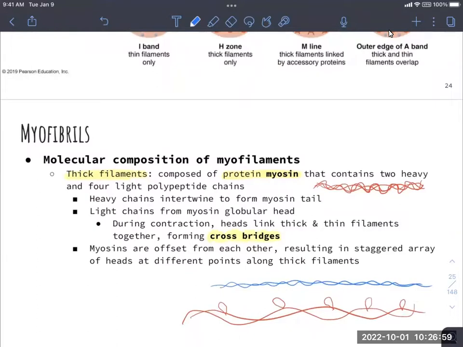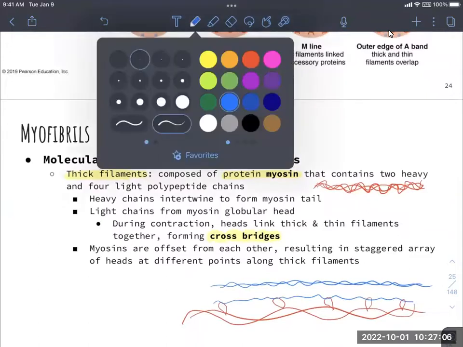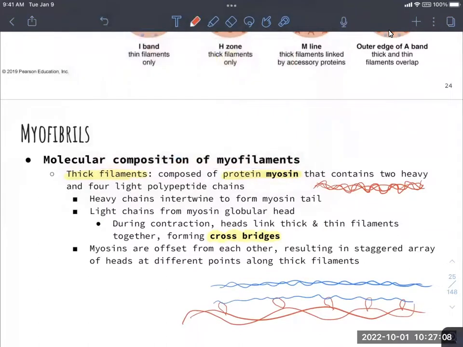So when these myosin heads come down and actually attach, they're going to go in a motion. These myosin heads will start here and they will finish here. So they will pull this whole thin filament this way.